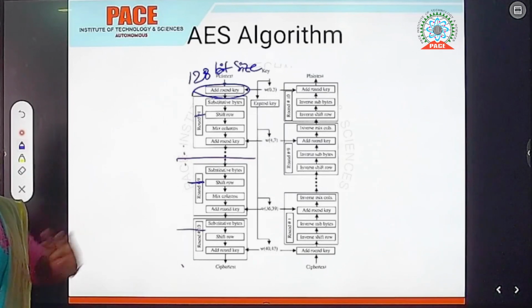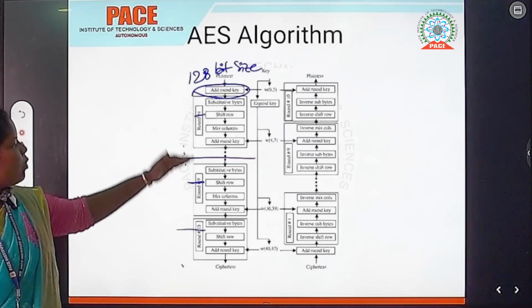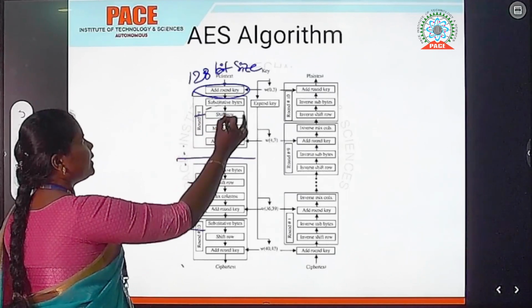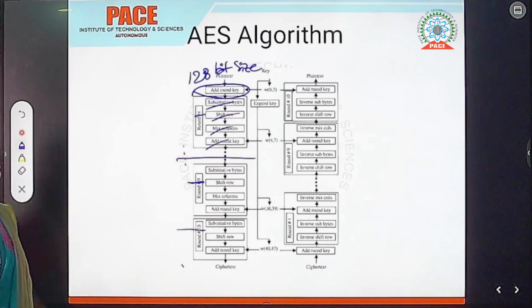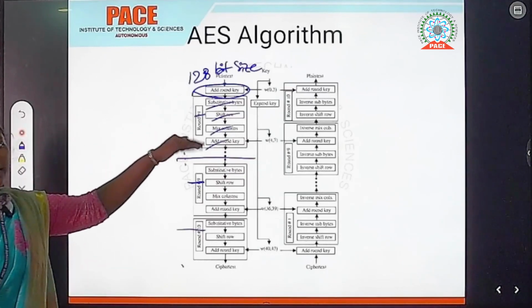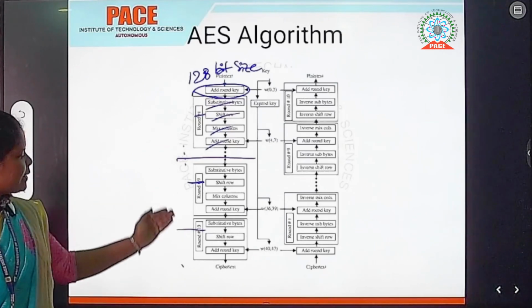For each round, we have 4 steps: substitute bytes, shift rows, mix columns, add round key. Through these we calculate the plain text into ciphertext. When round 10 is completed, we get the ciphertext.